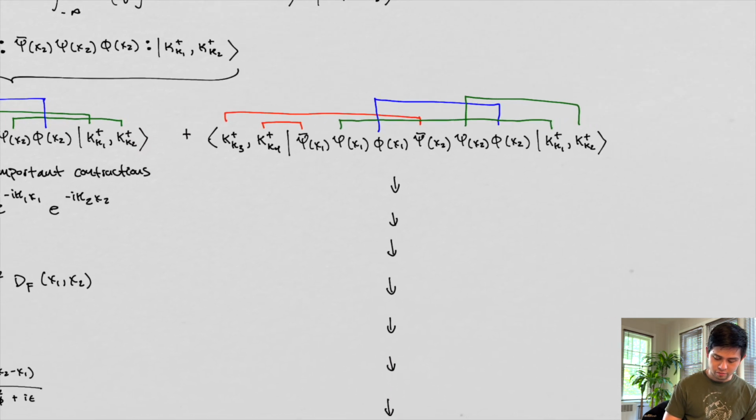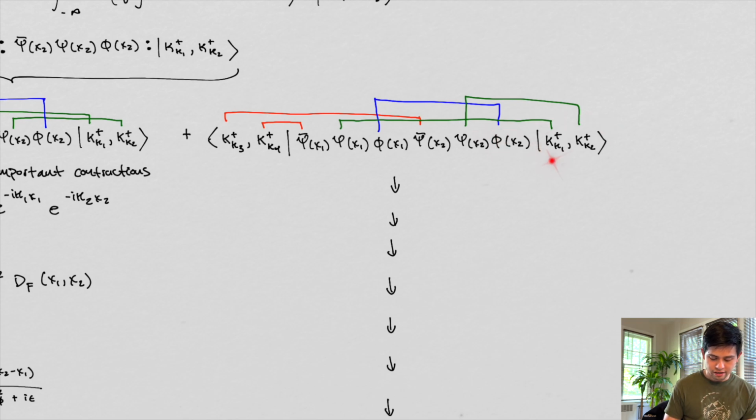The other one we care about is this guy right here, right? So this guy is going to go here, and this guy is going to contract to this guy. And then this guy here is contracted, and this guy here is contracted with here. These two scalar fields are contracted with each other.